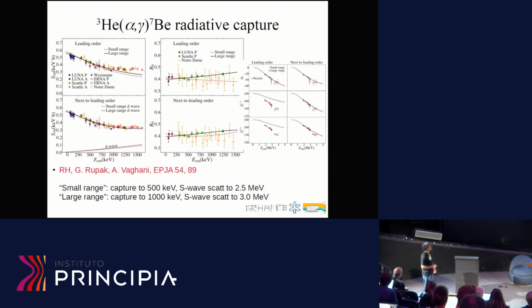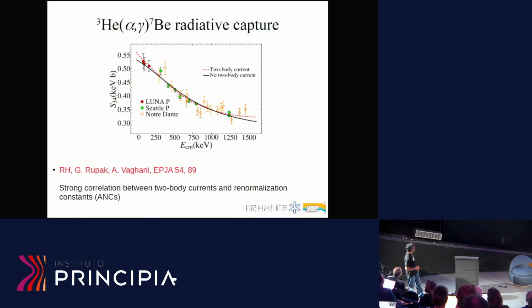But recently people have been looking at the scattering process, but we didn't update that. So this is the main message, that we have a strong correlation between two-body currents and renormalization constants. Since both enter at leading order, they are not truly independent, but we saw some correlations here.